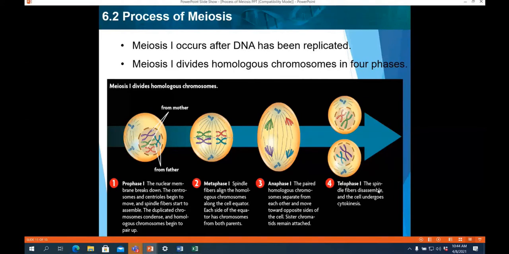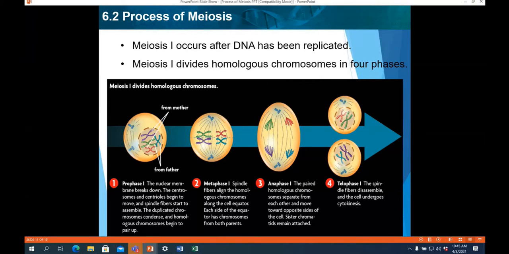All right. So finally, in telophase 1, even the cytoplasm is dividing this one cell into 2 over here. And the spindle fibers disassemble and the cell undergoes cytokinesis. Now, each pair of chromosomes here is again covered by a nuclear membrane, forming two different daughter cells.